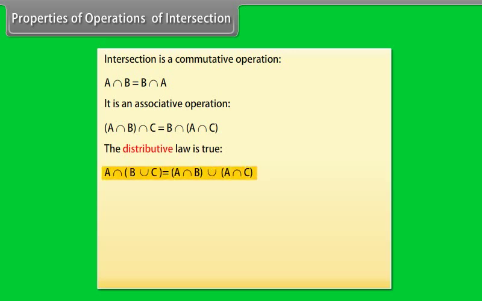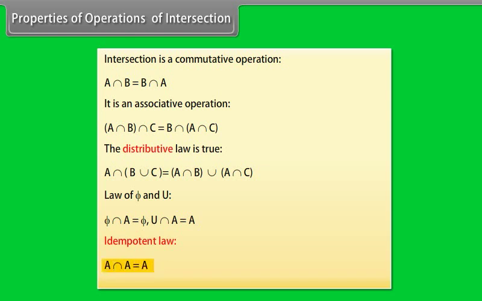A intersection (B union C) is equal to (A intersection B) union (A intersection C). Law of phi and U. Phi intersection A is equal to phi, U intersection A is equal to A. Idempotent law. A intersection A is equal to A.